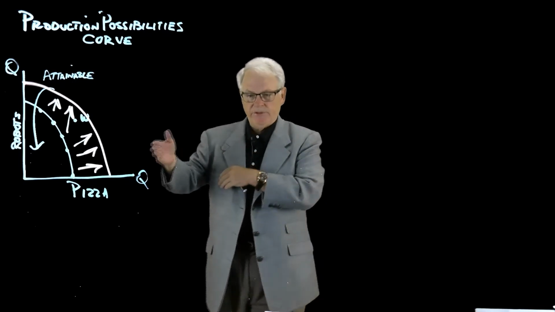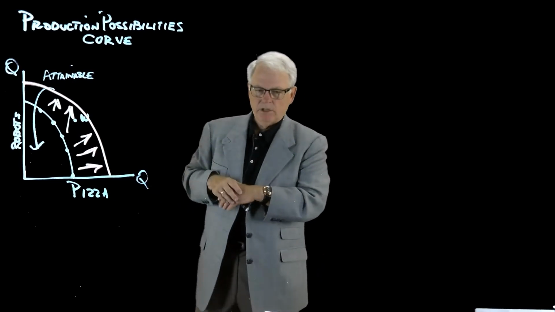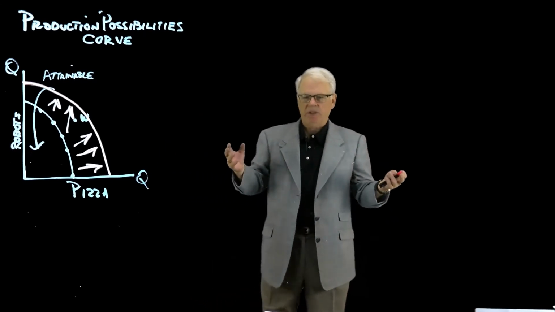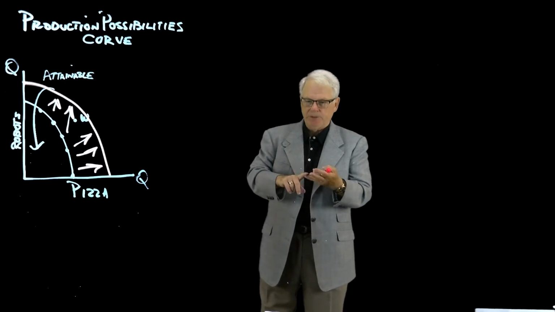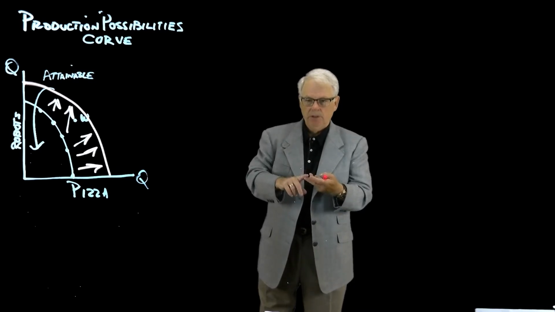That's how we get this curve shifted to the right so that there is more productive capacity in the economy, be that more capital equipment, more businesses being formed that make robots, capital equipment, more infrastructure, etc.